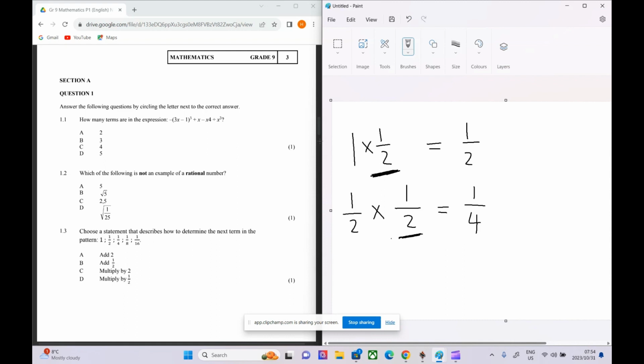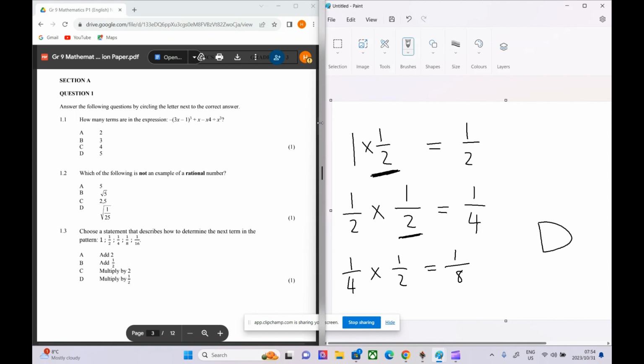Then you can see we're developing a rule. We just have to test it keeps working. So we had a quarter. Let's see if it works. Times a half. So 1 times 1 at the top gives me 1. 4 times 2 at the bottom gives me 8. So yeah, it is working. Okay, so we can then see our rule for this statement is we multiply it by half. So the answer is D.